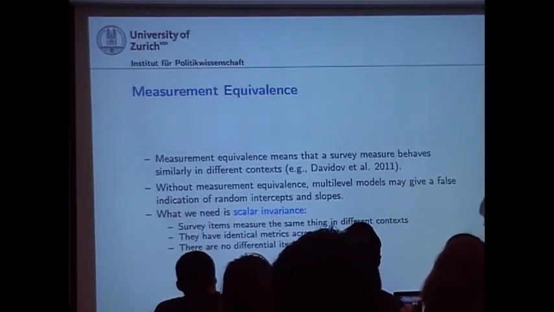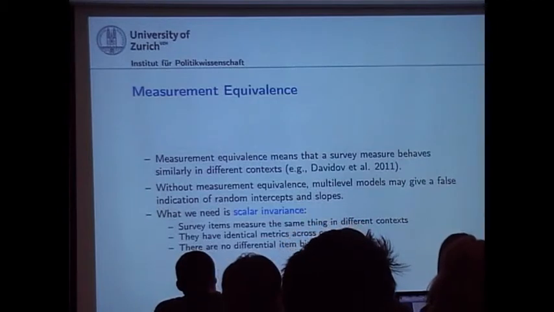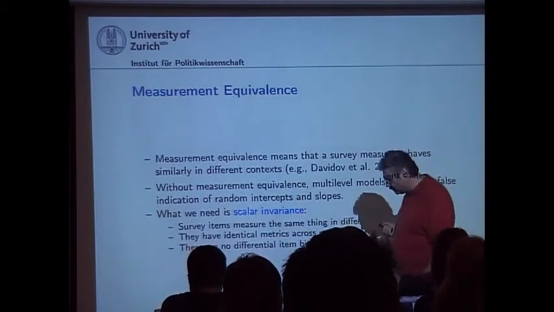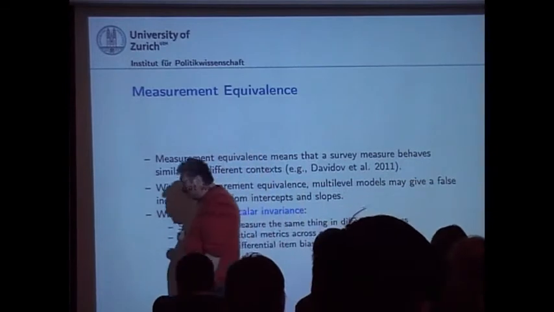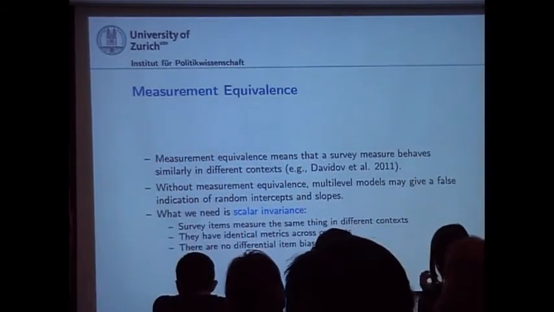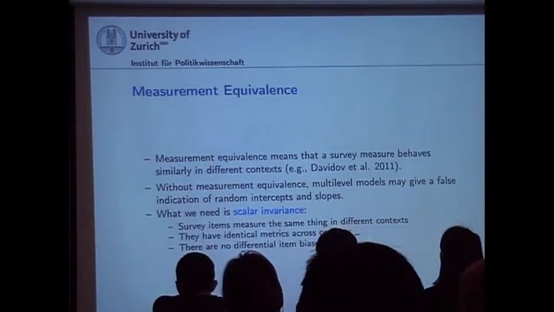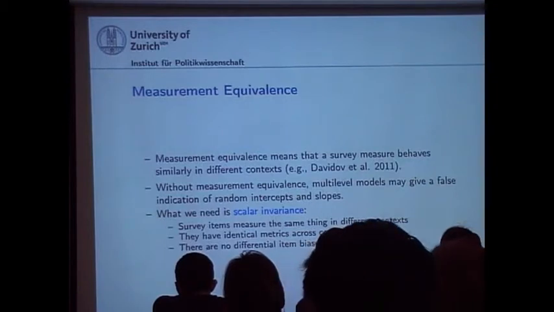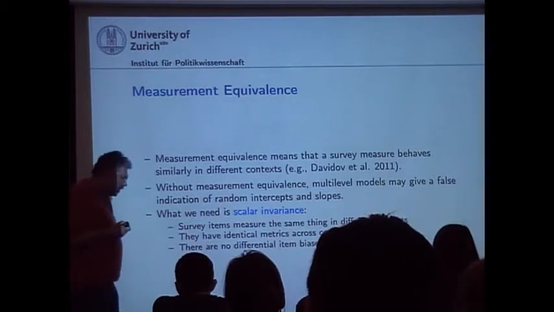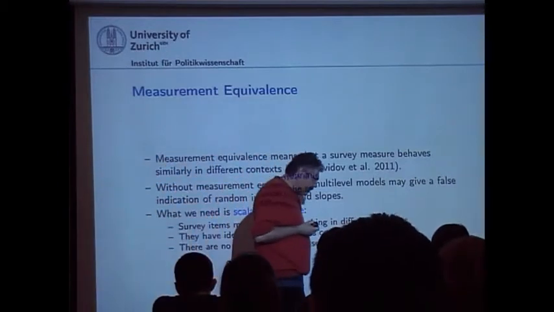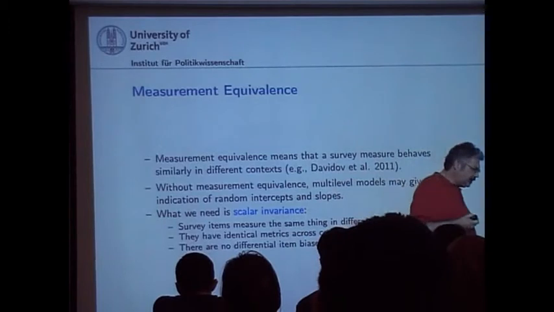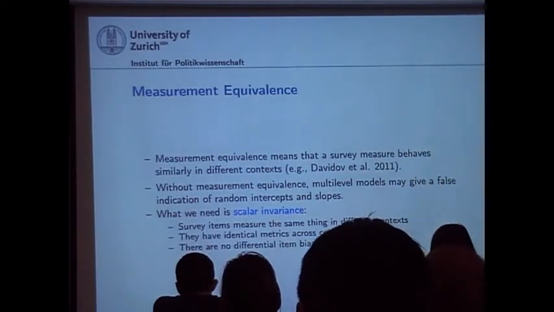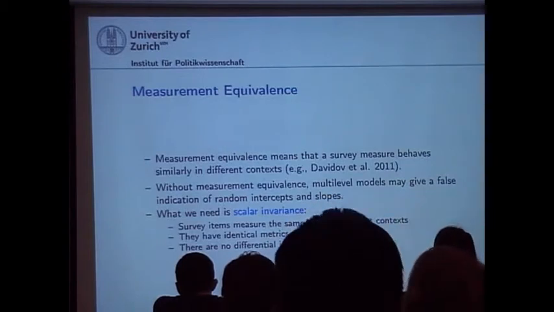Then the last point I want to make, which I think is very important too, is we need to really seriously think about our measures, in particular our measures of the dependent variable. I think this is starting to become something that people in political science are sensitive to, but I don't think we're sensitive enough yet.